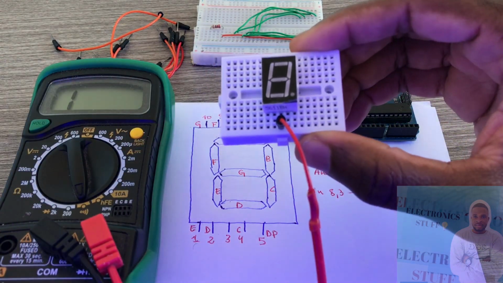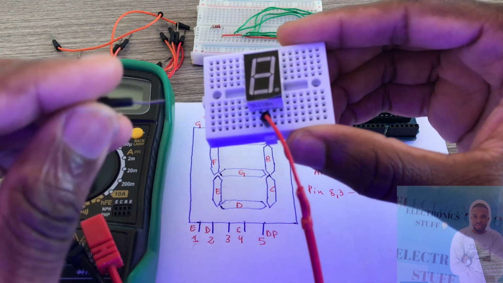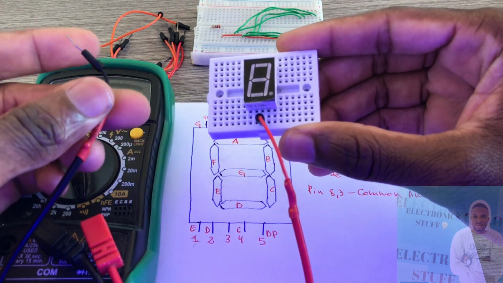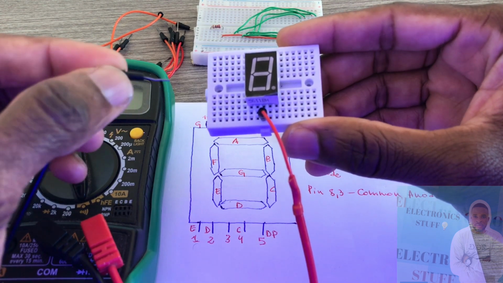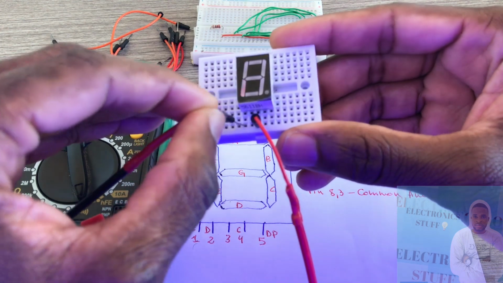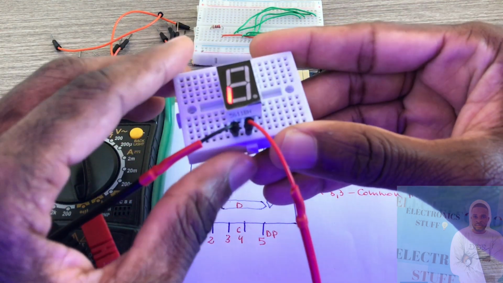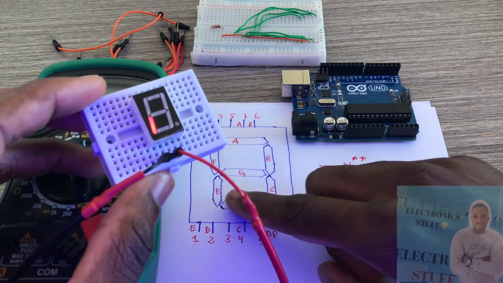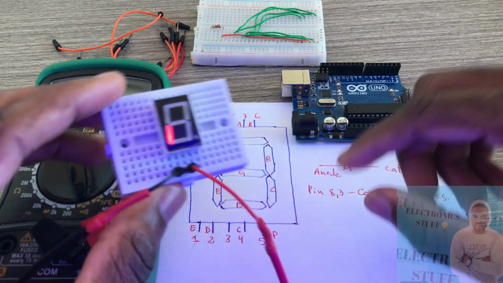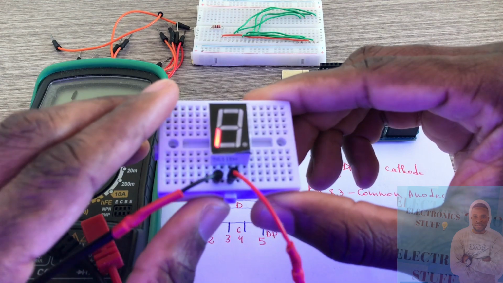For instance, I'm going to connect the black LED to, let's say, pin 1. Pin 1 is the letter E.